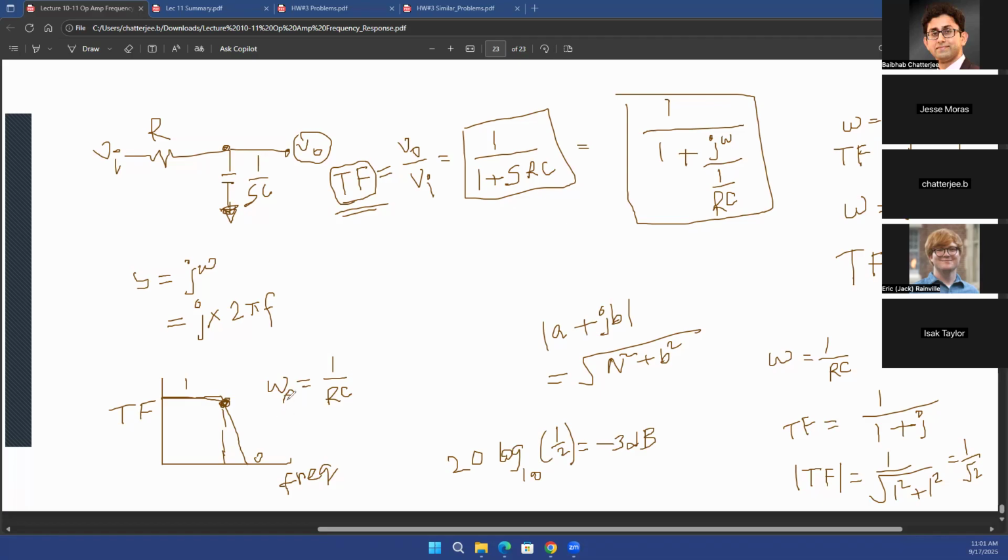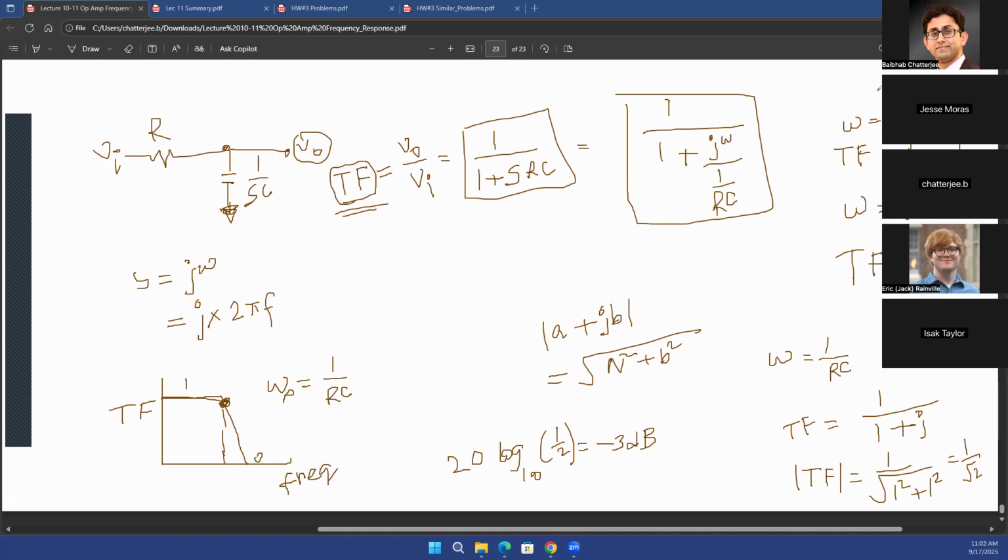Also, this is called a pole. Why is this called a pole? If you look at the transfer function, there could be frequencies for which the transfer function could become, let's say, 0. Or there could be frequencies for which the transfer function could become infinitely large, right?